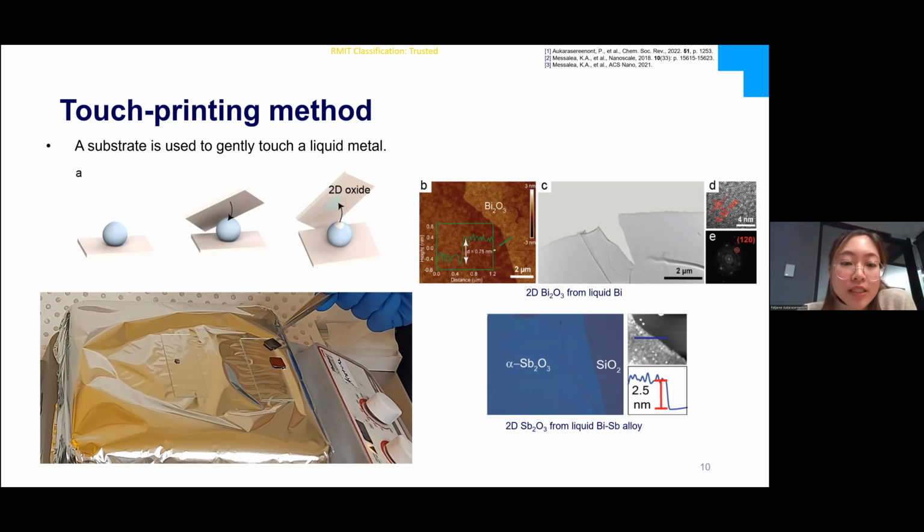And at the bottom, you can see 2D antimony oxide obtained from a bismuth antimony alloy. In this case, we got antimony oxide because the Gibbs free energy of formation of antimony oxide is lower than that of bismuth oxide.